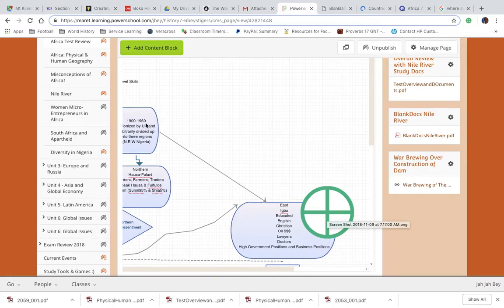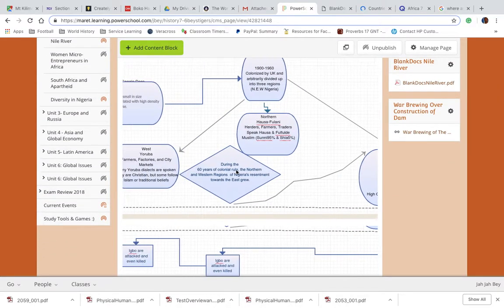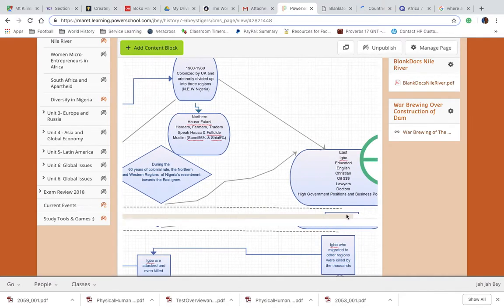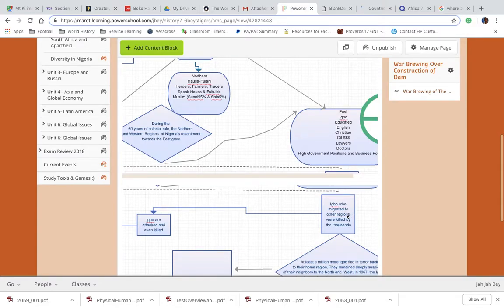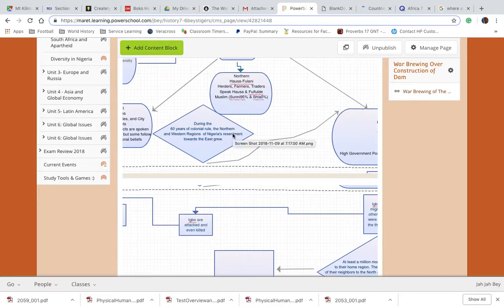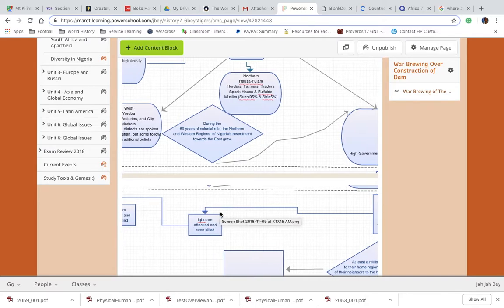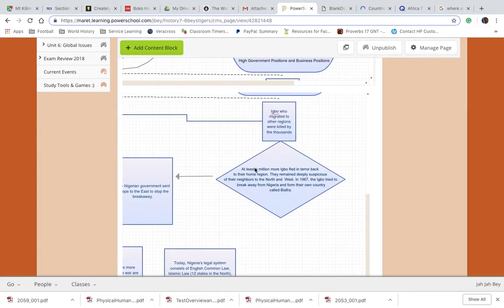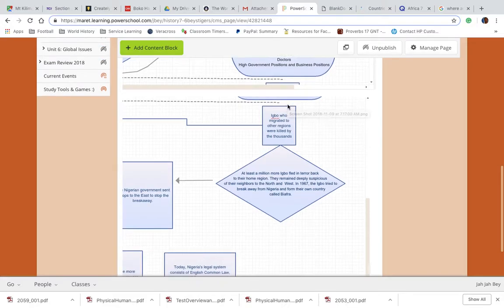After 1960, when Nigeria, after colonial rule, has its independence in '63, what you have is the Igbo who migrated to other regions. You have the Igbo who were already in the North and the West. What happened to them while they were in the North? While they were in the West, they were attacked and thousands of them were killed. Eventually, at least 1 million Igbo fled back to the East, right, in terror, and remained deeply suspicious of their neighbors in the North and West.